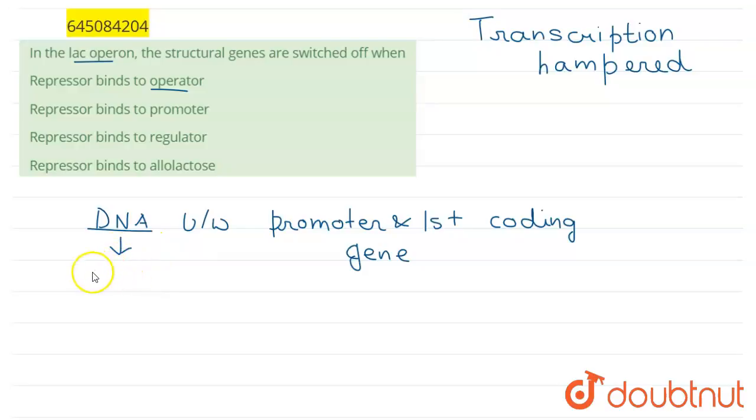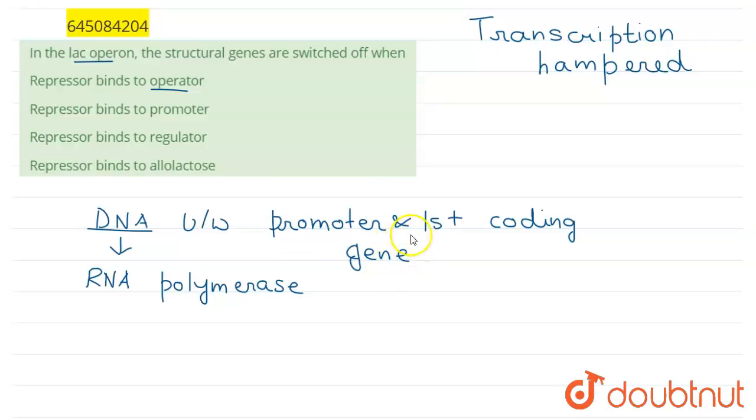So what happens here, since this DNA segment prevents the RNA polymerase from going to the promoter site, transcription cannot occur. Thus, this DNA segment switches off the structural genes as it is present in between the promoter and the first coding gene.